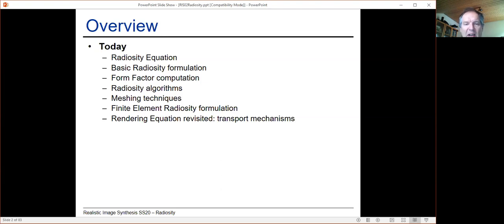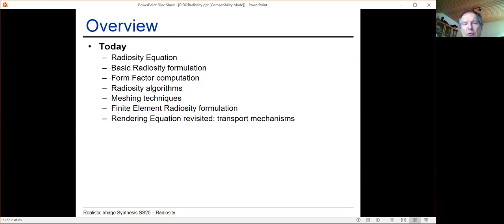I will discuss also meshing techniques, because as you realize, this discretization of the domain has a huge impact on the final effect of rendering. Finally, I would like to generalize the formulation that I presented so far, which was based on this constant radiosity assumption over an element, and we will try to leave this limitation.